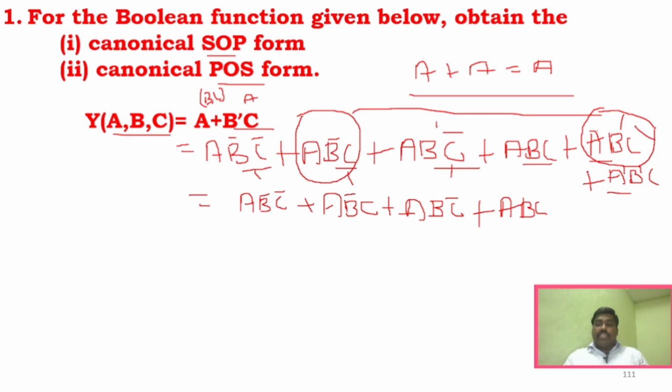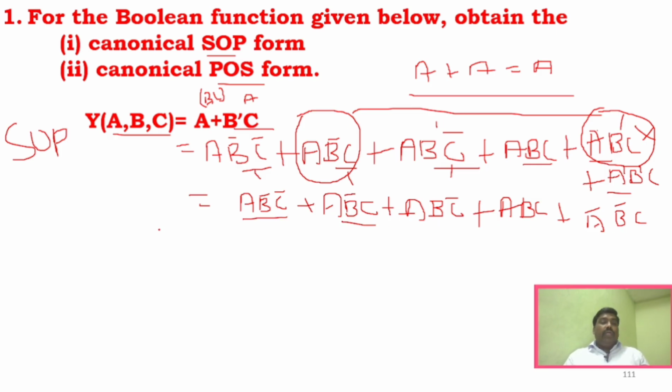Plus A bar, B bar, C. So now this is the canonical form. First, what we have taken is SOP, sum of product. You can see this is product, and this is sum.